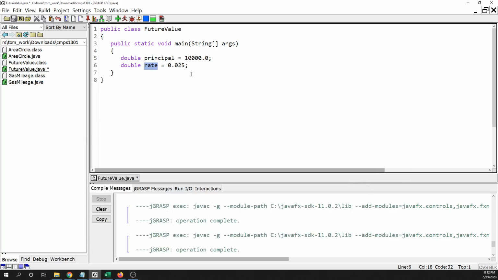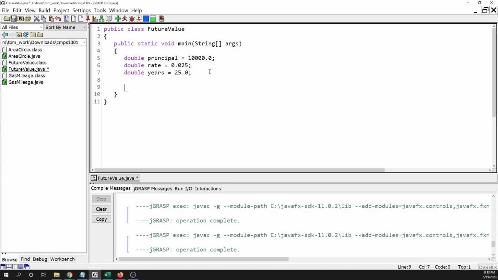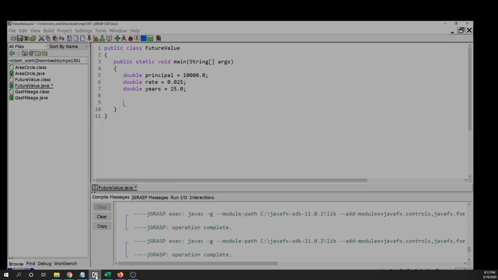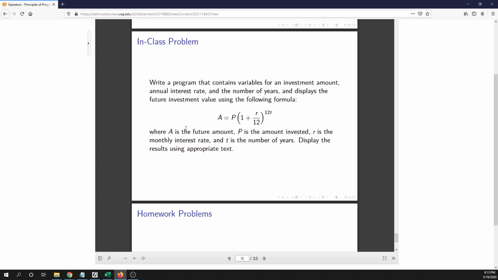All right, and the number of years. So I'm just going to call that years. Let's just make it 25 years. Okay, and so now we need to calculate the future amount.